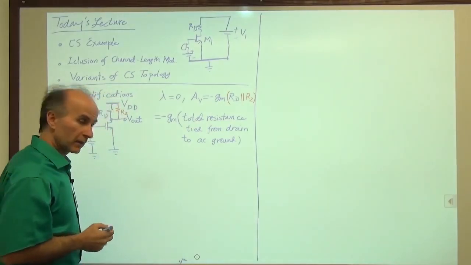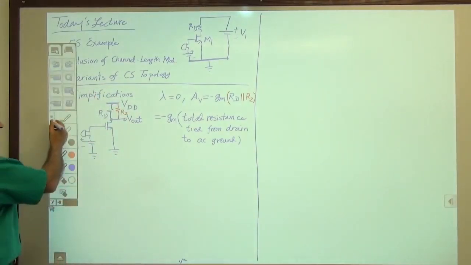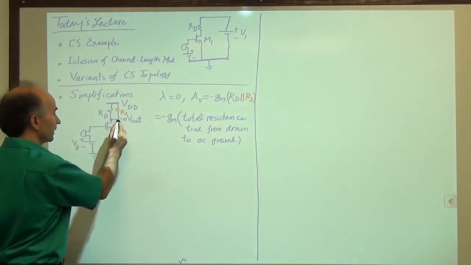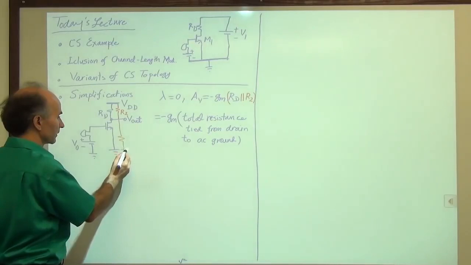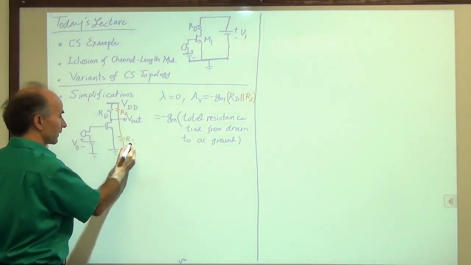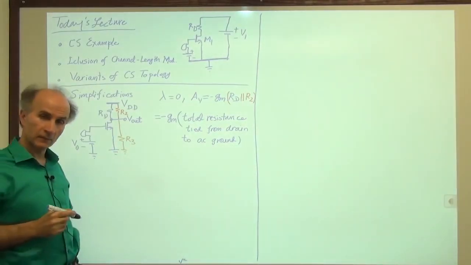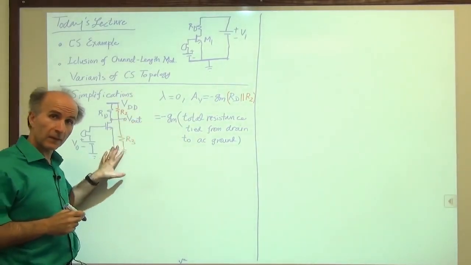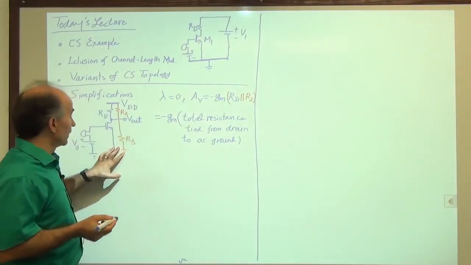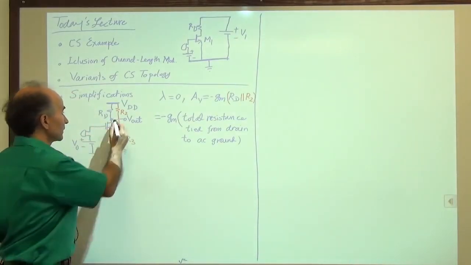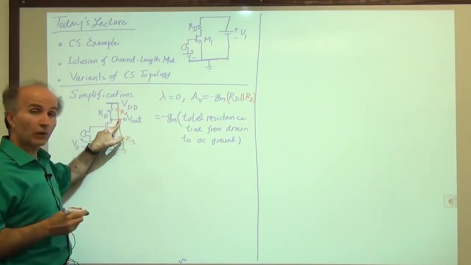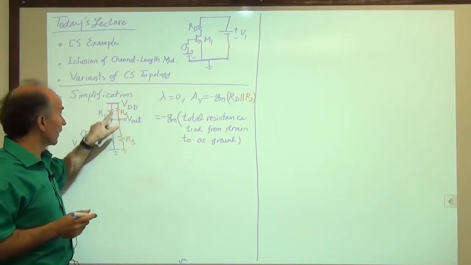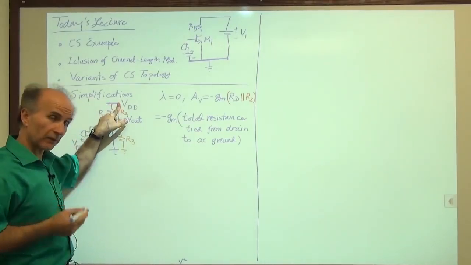Now, what if I tie yet another resistor? Let's change the color to brown. From here to ground. And let's call this R3. Can I predict the gain with all of these resistors present? Yes. From the drain node, so there's a dot here, we have RD to ground, AC ground. R2 to ground, AC ground.